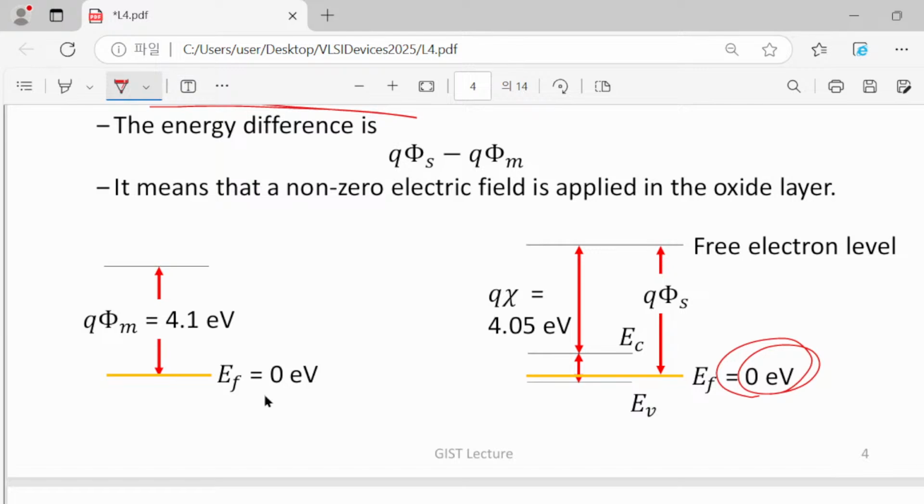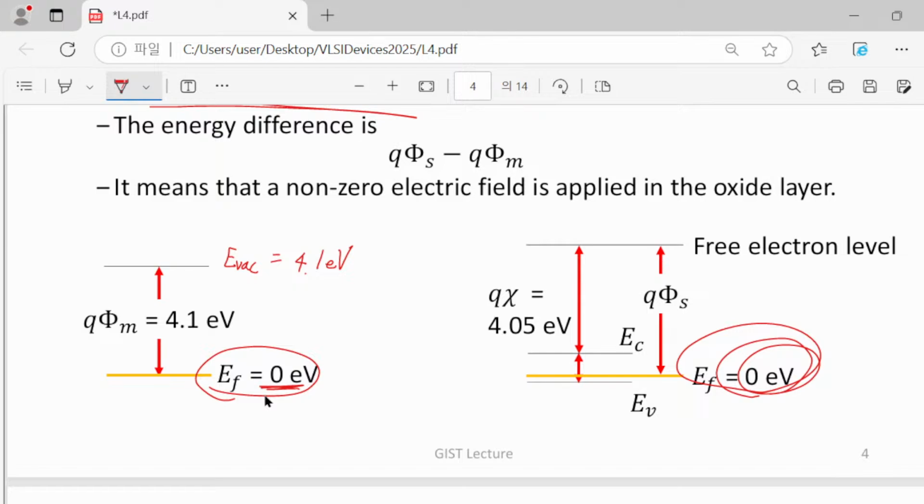So now we have the Fermi level given the value 0. Then please try to find the position of your vacuum level in both cases. What is the value of your vacuum level energy in this metal part? Of course, your energy will be 4.1 eV because the Fermi level is taken as the reference value, 0 electron volts. So are you with me?